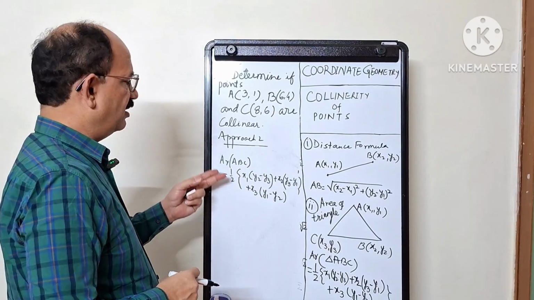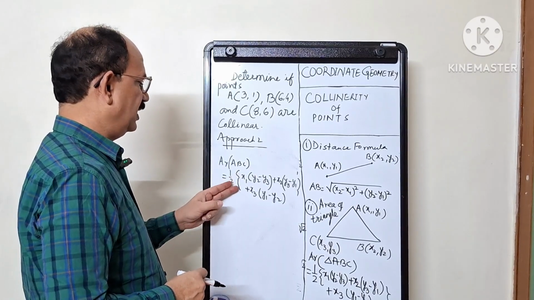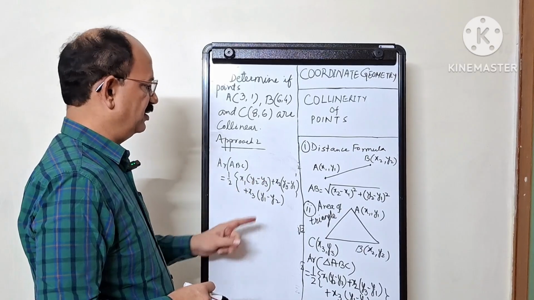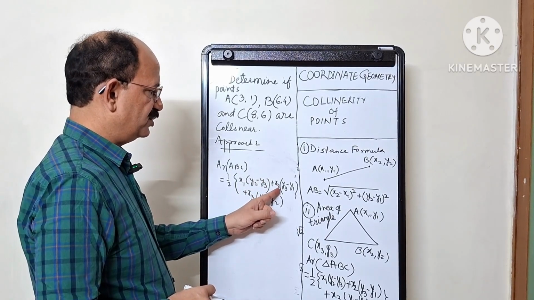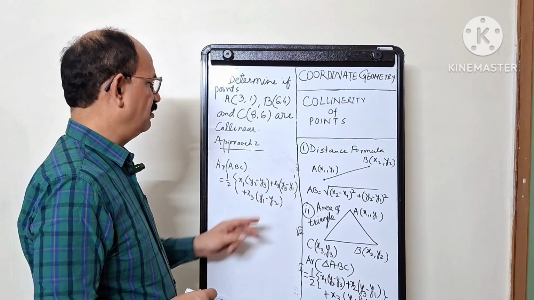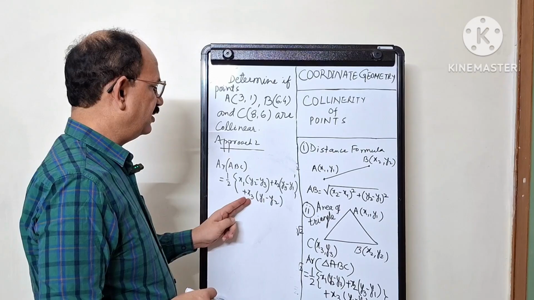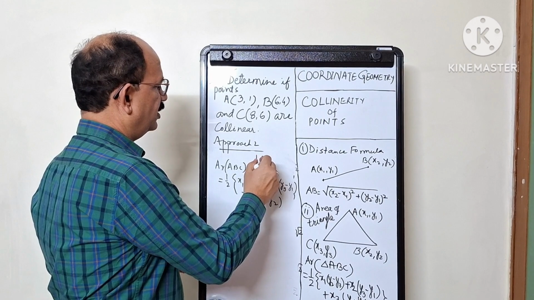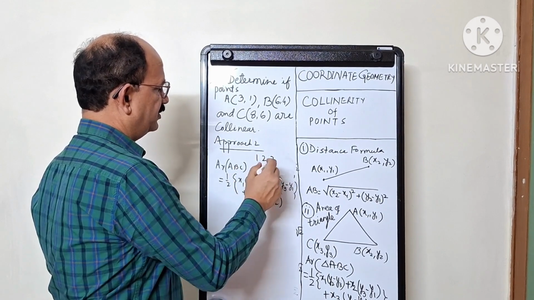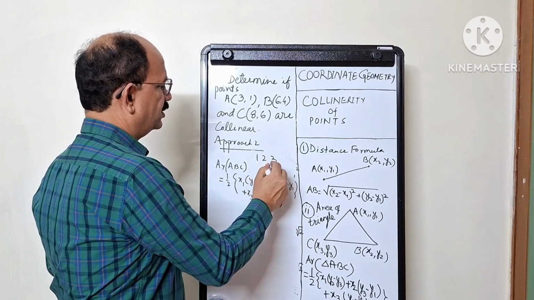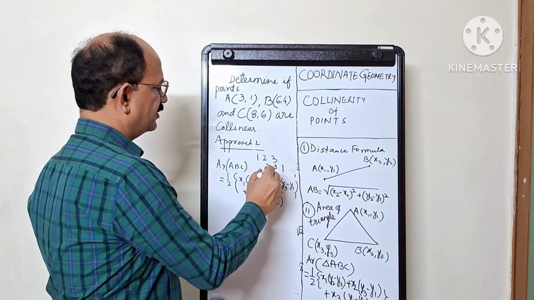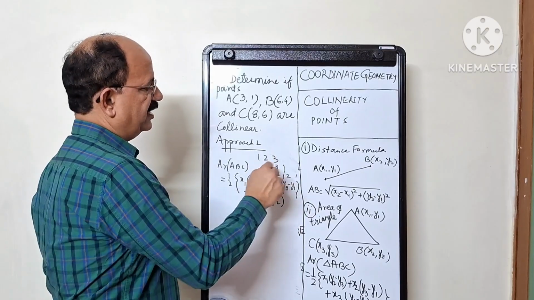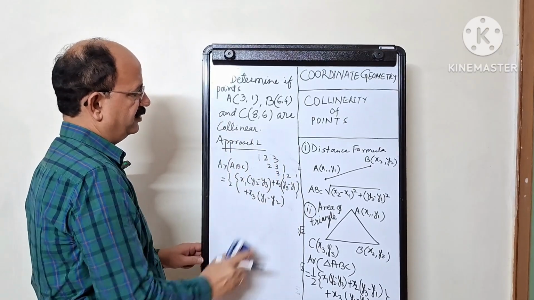It is easy to remember: half multiplied by x1 (y2 minus y3), 1, 2, 3. Then x2, you have taken 2 here, so it is 3, 1. And then x3, you have taken 3 here, then it is 1 and 2. It's like this, 1, 2, 3, and then you start with 2, 3, 1, and then you start with 3, 1 and 2. So it's a kind of cyclic order for 1, 2, 3. Okay.